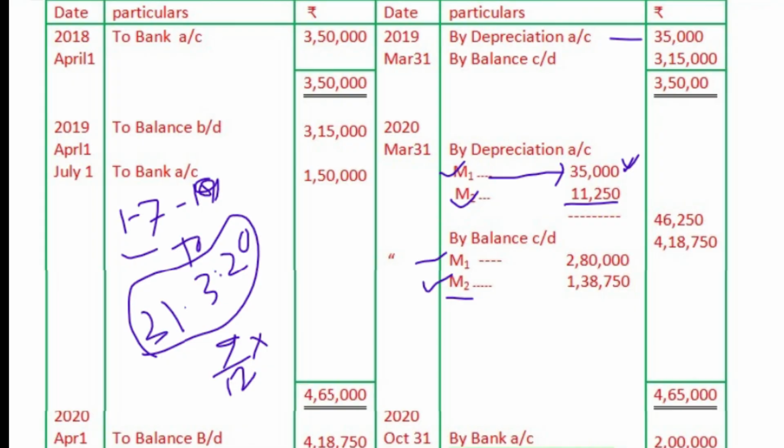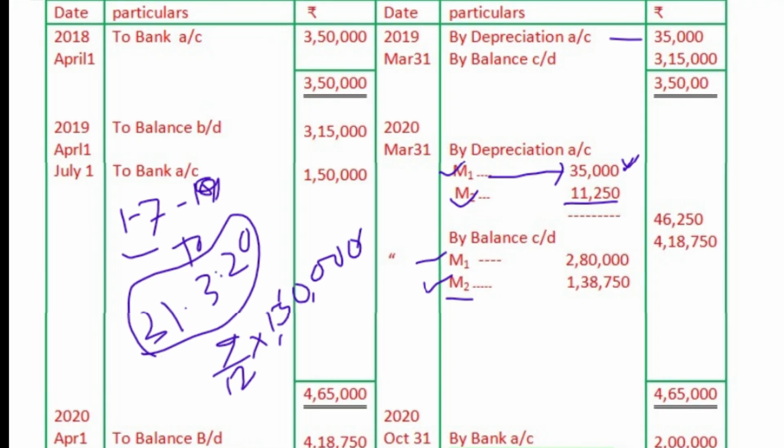So 9/12, and the cost price of the second machinery is 1,50,000, and the rate of depreciation is given in the question, 10%.